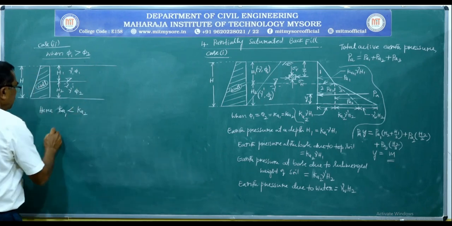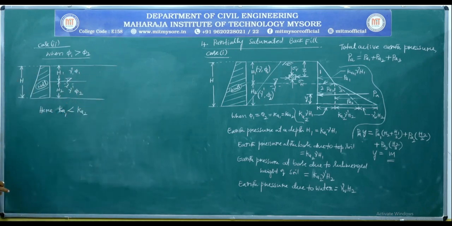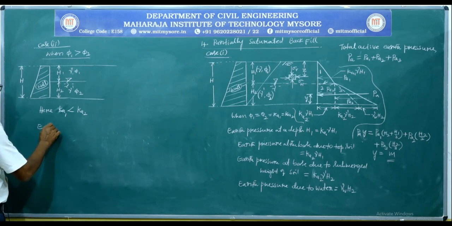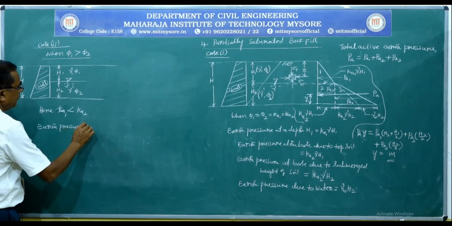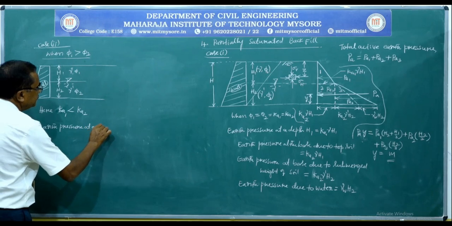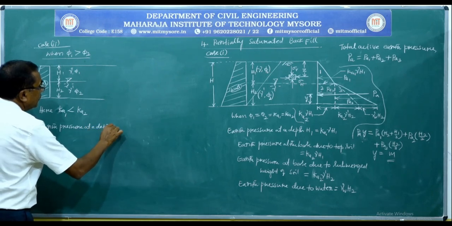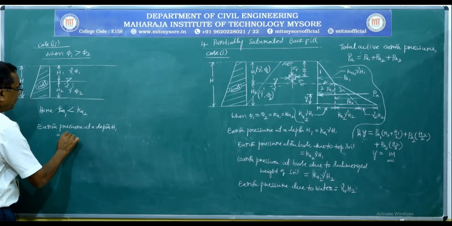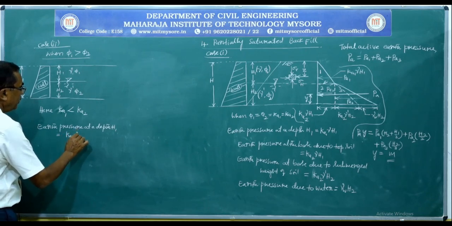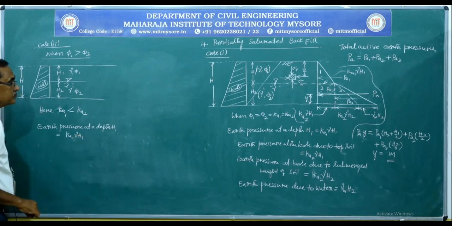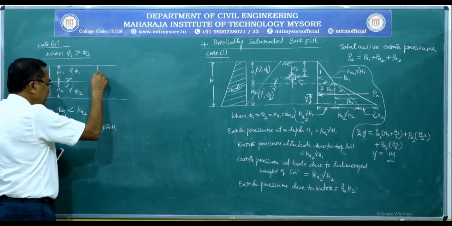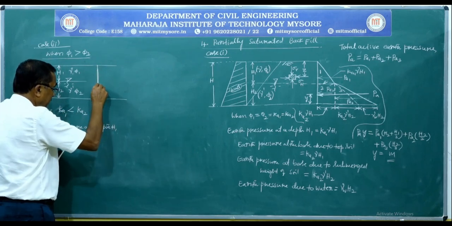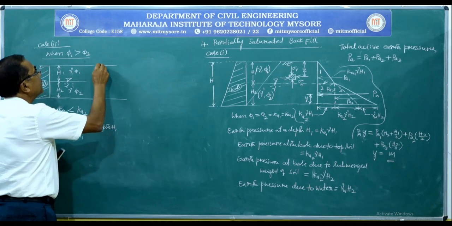Next, as usual, earth pressure at the surface is 0. Earth pressure at a depth H1 is equal to Ka1 into gamma into H1. Let us proceed and parallelly draw the pressure distribution diagram, so it is easy.